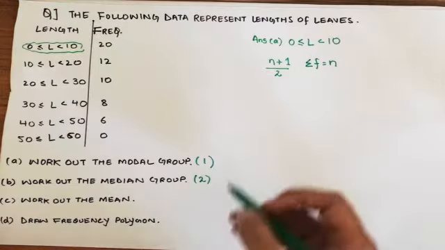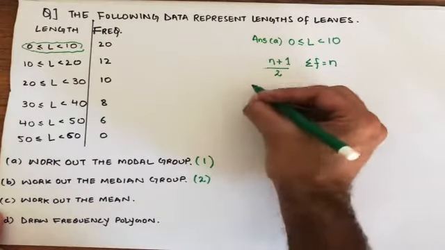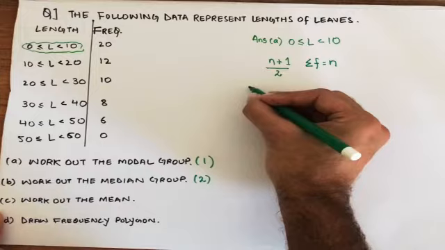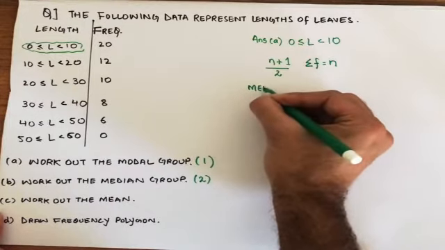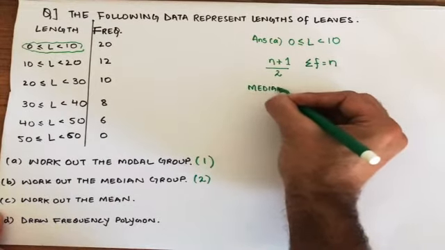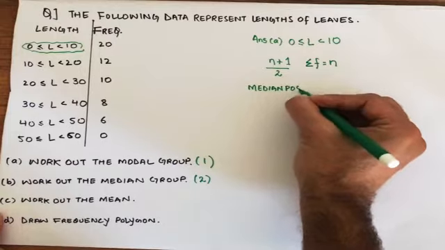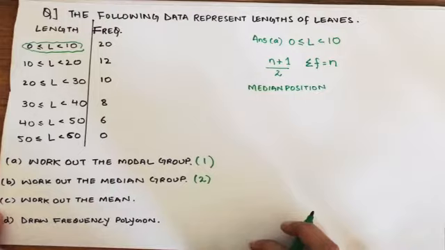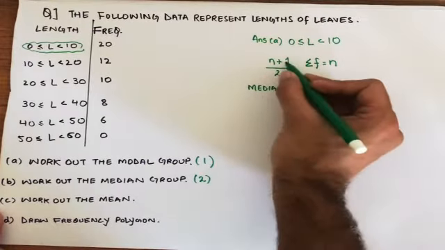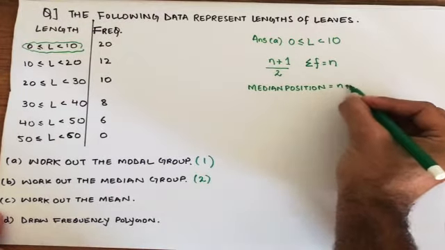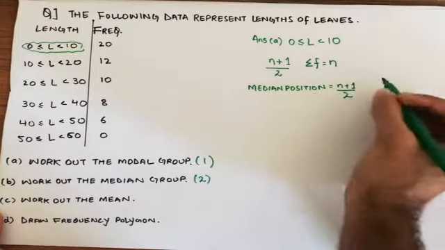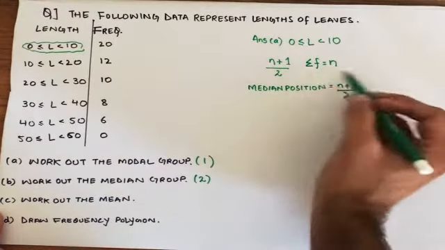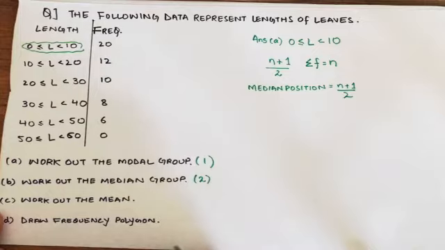In order to find out the median position, this right here is your median position, that is n plus 1 divided by 2. You'll be needing n for this. N is the sum of all the frequencies.